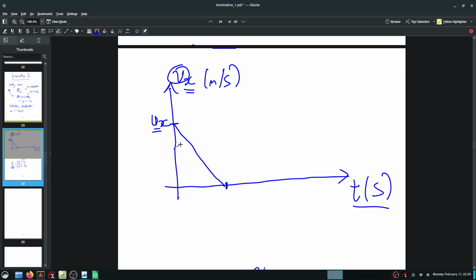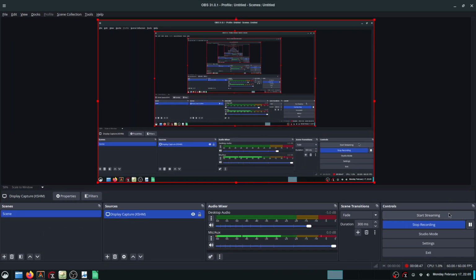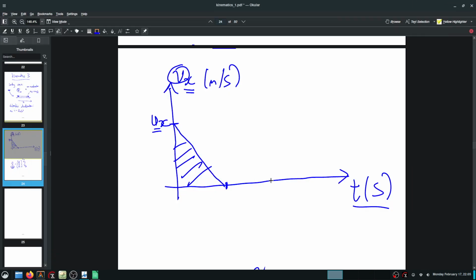The area under the graph is this triangle here. So what's the height of the triangle? The height of the triangle very simply is Ux. What's the base of this triangle? This is a delta t, right?